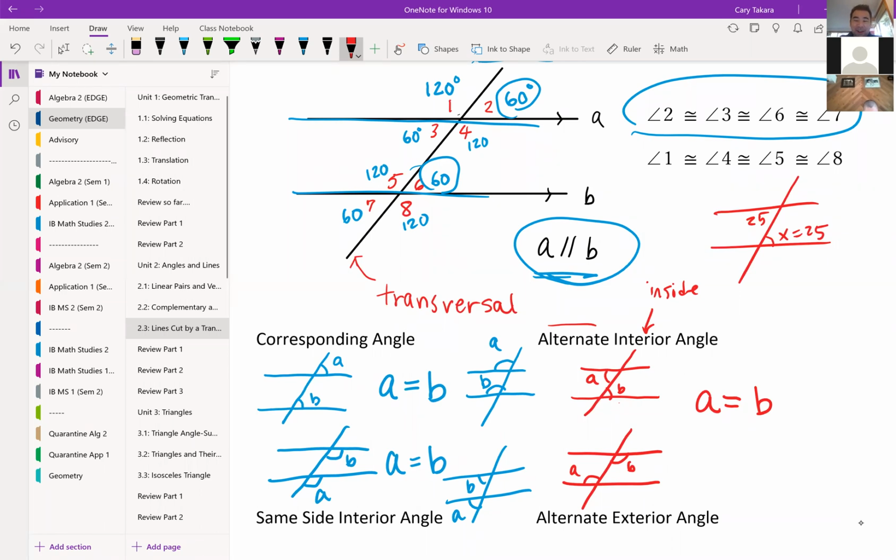Because they are alternate interior angles. Alternate interior angles are going to be equal to each other. Right? And so that's the kind of direction that we are heading to, okay? So we've got corresponding angles, we've got alternate interior angles.